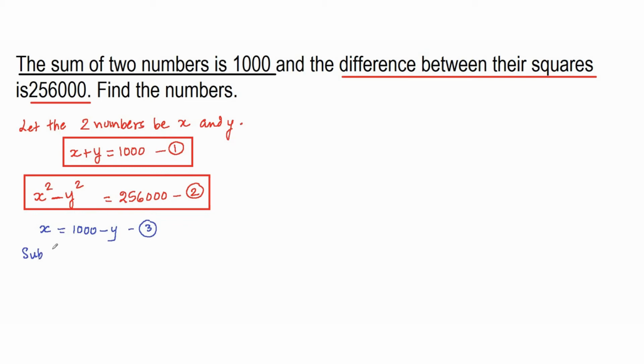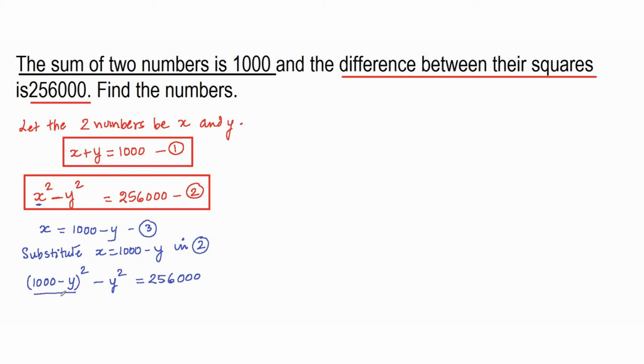So let us substitute x as 1000 minus y in the equation 2, right? So when I make that substitution, let's see what I get. Instead of x, I have to substitute 1000 minus y. So 1000 minus y the whole square minus y square is equal to 256,000.